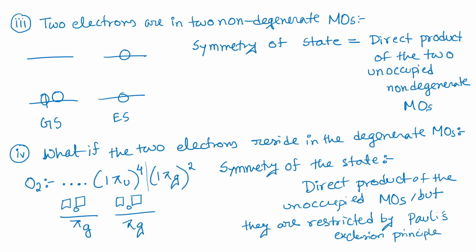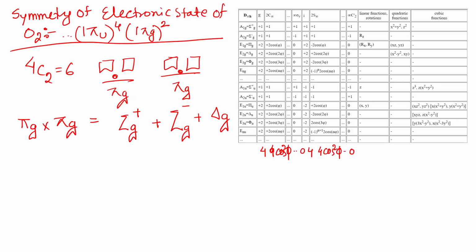Suppose your orbitals were non-degenerate. If it was non-degenerate, then what are the options? It would have been either singlet sigma g plus or triplet, because there are two electrons only. Two electrons will always have either singlet or triplet. They can't have the doublet, right? If there is only one electron, then it can be doublet, right?